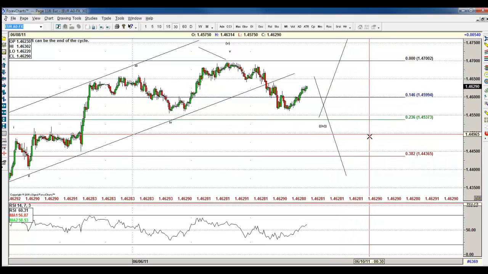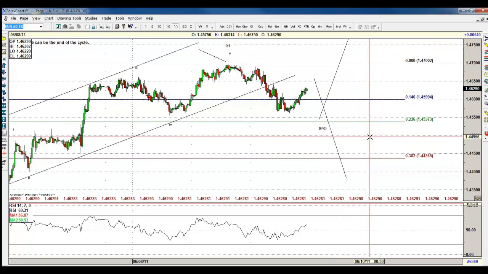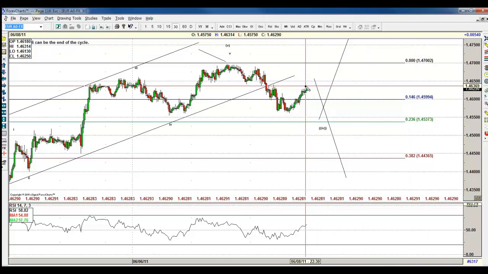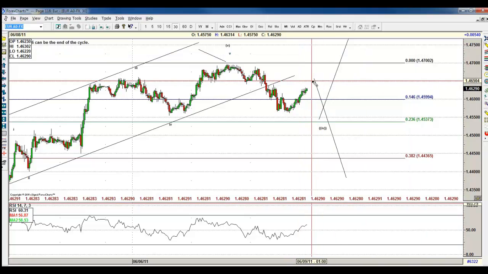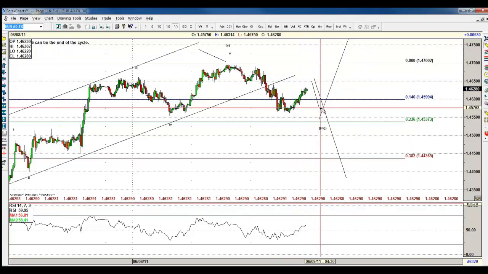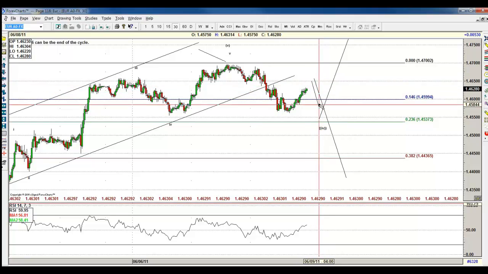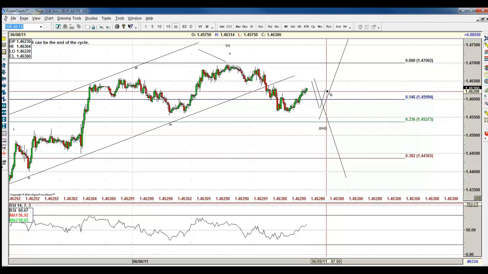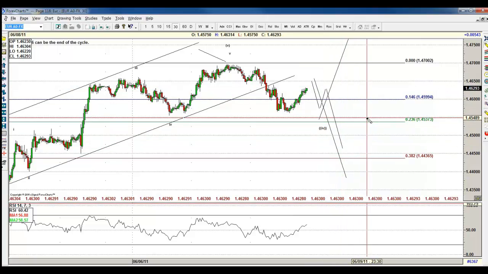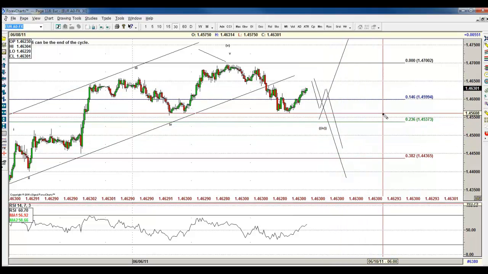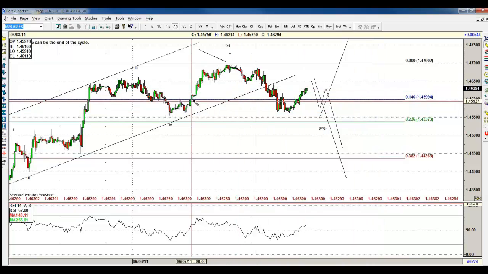So technically speaking, that's what we see in euro. Best way is either sell it here and wait for the 3 waves back, or selling here or wait for the 5, and after the 3 back is this. Now this can also become a compressed correction. What do you mean a compressed correction?